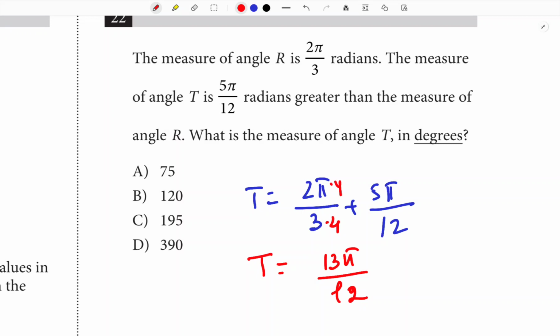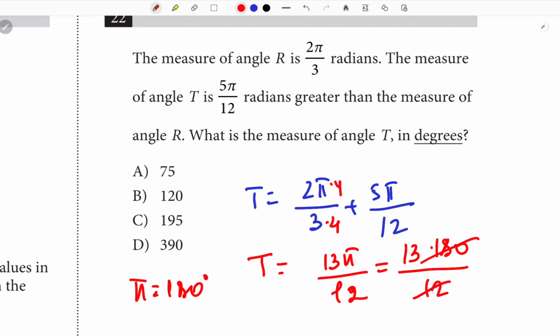What's the measure of angle T? And if I want to find angle T in degrees, you can see they don't write it in radians. That's why instead of pi I write 180 degrees. So 180 degrees, cancel out.